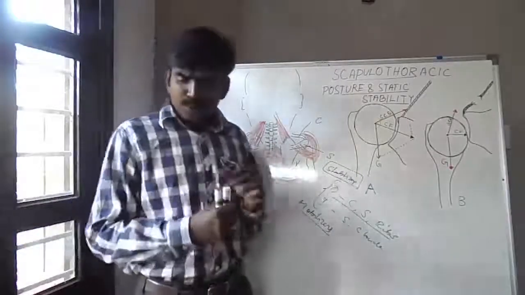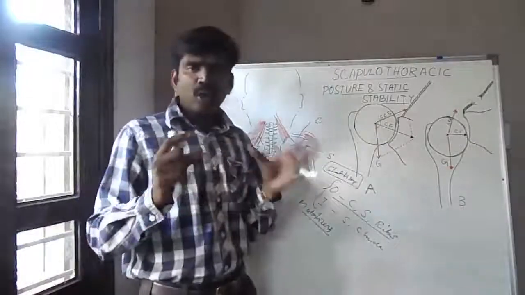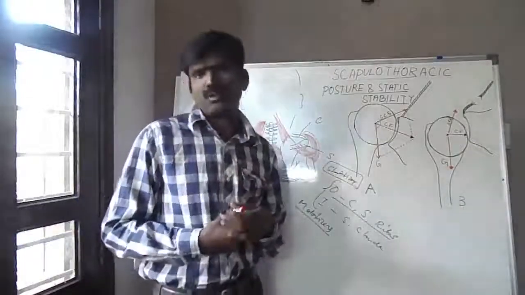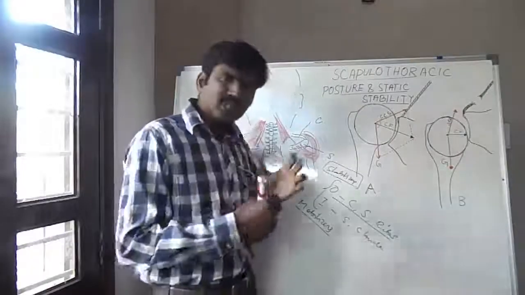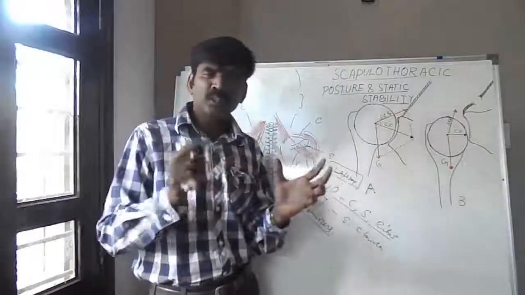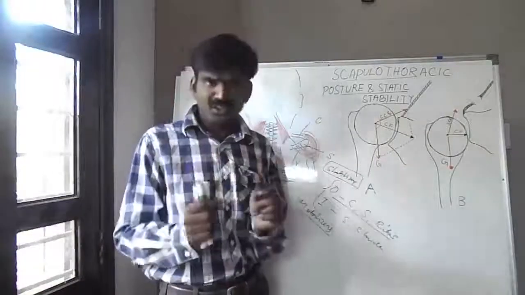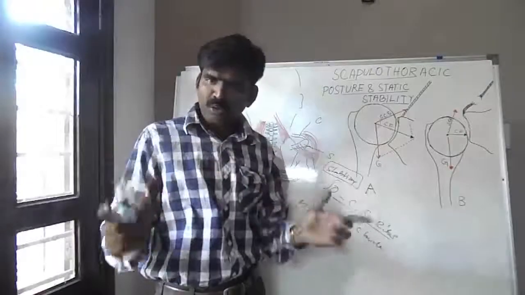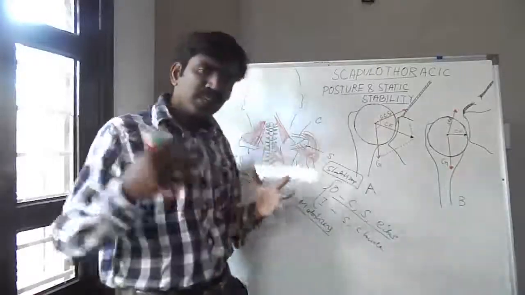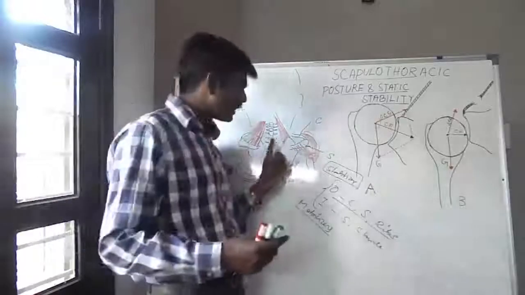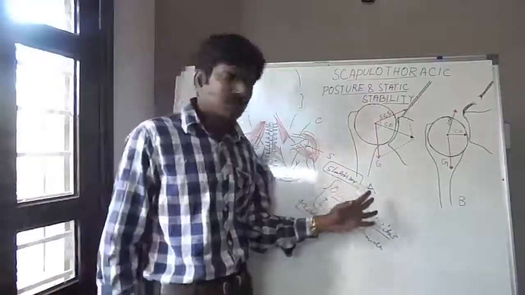For optimal function of the shoulder joint, there should be an interaction between the stabilizers and mobilizers. So what is an example of stabilizers?